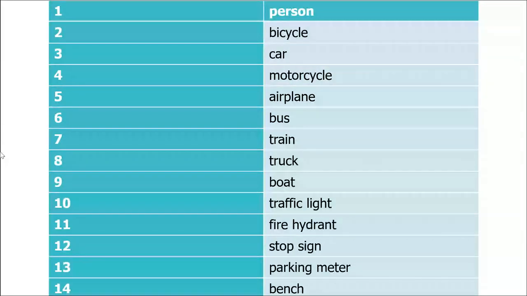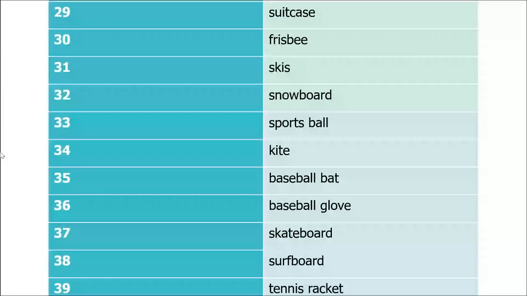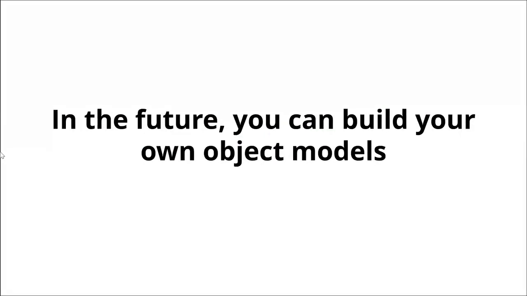So we have bike, cars, motorcycles, bus, train, traffic lights, fire hydrants. It can detect a bird, cat, horse, a sheep, a lot of animals, umbrella, handbag, tie, a suitcase, snowboards, and a baseball bat, skateboards, tennis rackets. For now, it detects objects from our library. In the future, you can build your own object models as well.